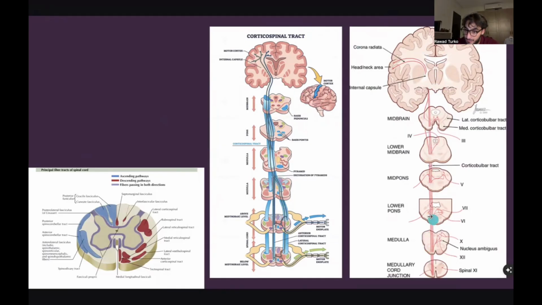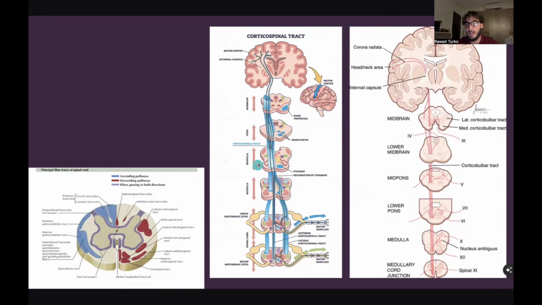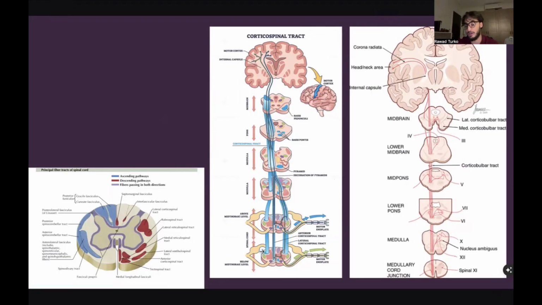You can see here that most of them decussated in the medulla. Actually, I guess it's going to be a little distal to this, so this is not the best diagram. This is a better diagram to look at. They decussate, and 90% of them are going to go to the lateral corticospinal tracts. 10% of them are going to stay in the anterior corticospinal tracts, so they're not going to cross over.